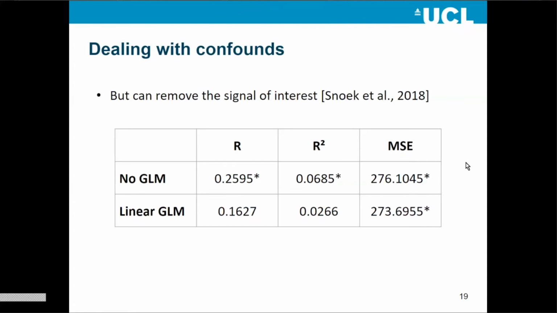But then we perform a linear GLM, and that regression is not significant anymore. To be completely honest, the effect is not super strong, so I'm not too surprised that it doesn't survive the correction. But still, it is a fairly common problem. If you remove your confounds, you can remove part or even a significant part of your signal of interest.